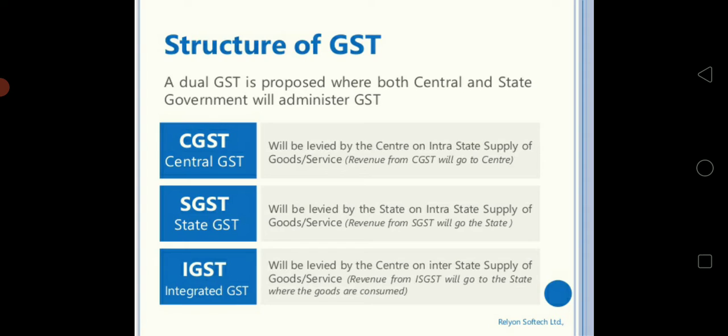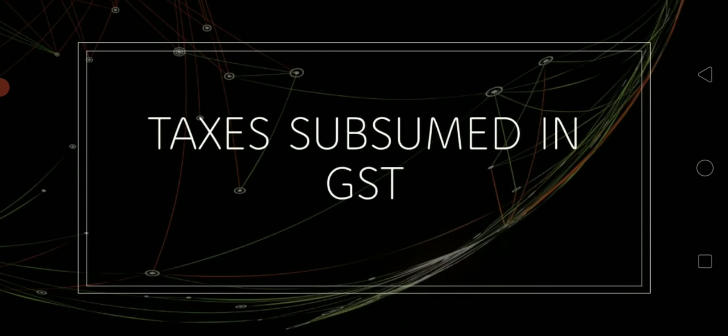Next topic, taxes subsumed in GST. GST is commonly described as an indirect, comprehensive, broad-based consumption tax. So the dual GST which would be implemented in India will subsume many consumption taxes. The objective is to remove the multiplicity of tax levies, thereby reducing complexity and removing the effect of tax cascading.